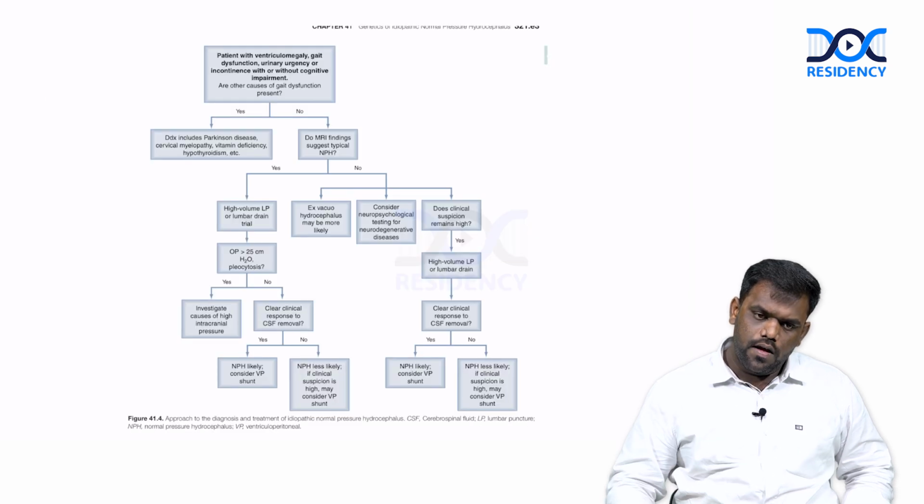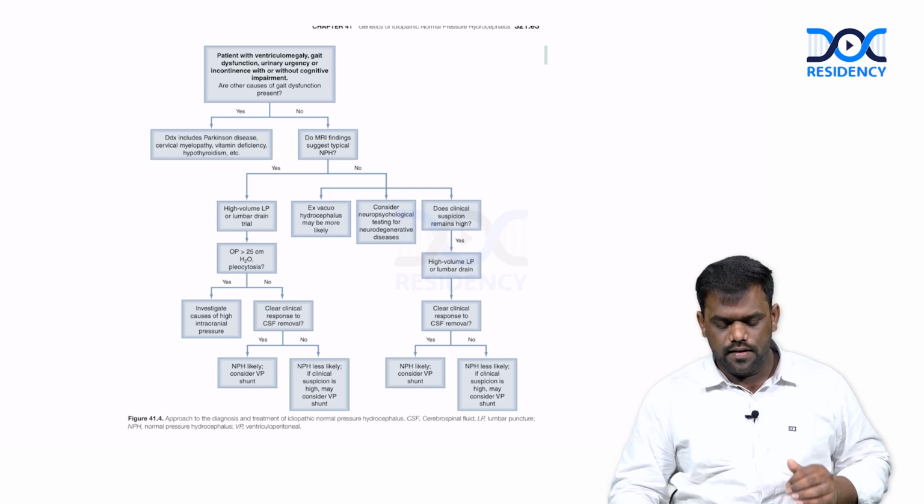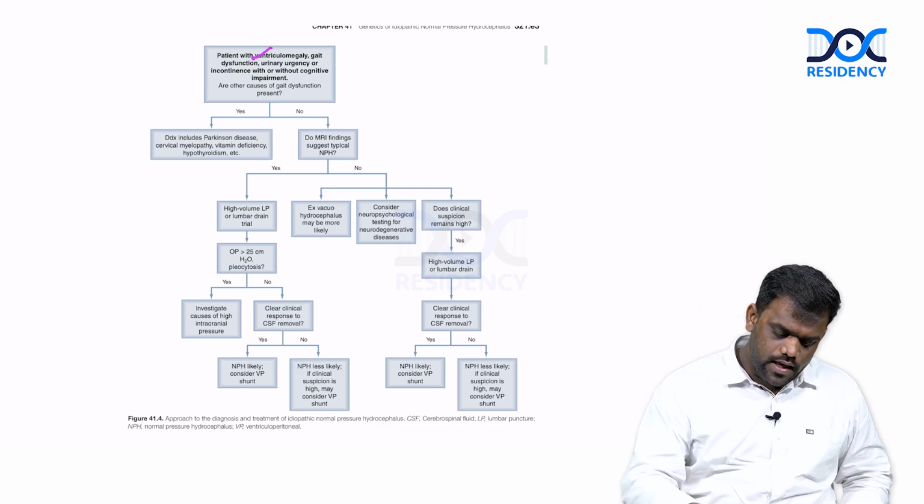So how will you approach normal pressure hydrocephalus? The patient presents with ventriculomegaly, gait dysfunction, urinary urgency with incontinence, without cognitive impairment. So you have to rule out any other cause of gait dysfunction.